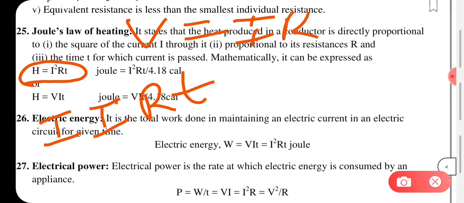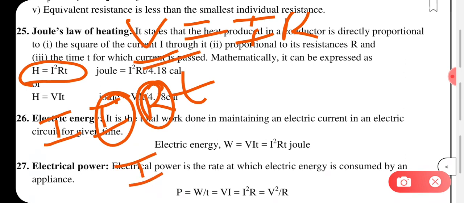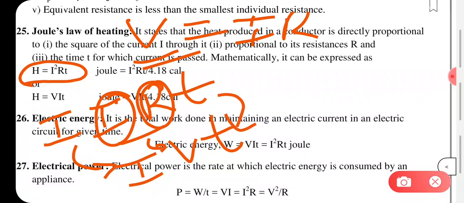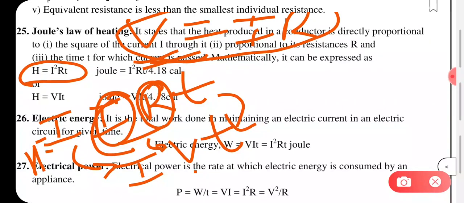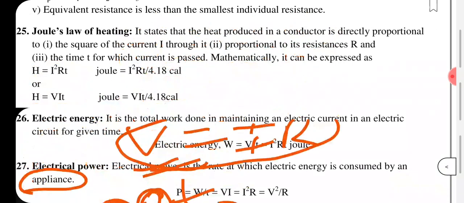So can I replace one I and one R by V? If I replace, one I is kept as it is, then this IR is replaced by V, and T is for time. So H is equal to I square RT, in which IR can be replaced by V, because we know V is equal to IR, so it becomes IVT or VIT, whichever way you remember it.